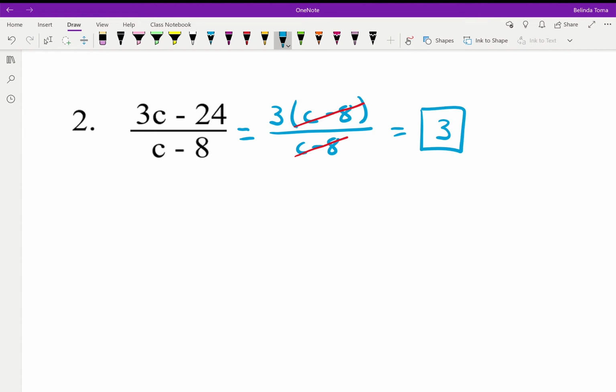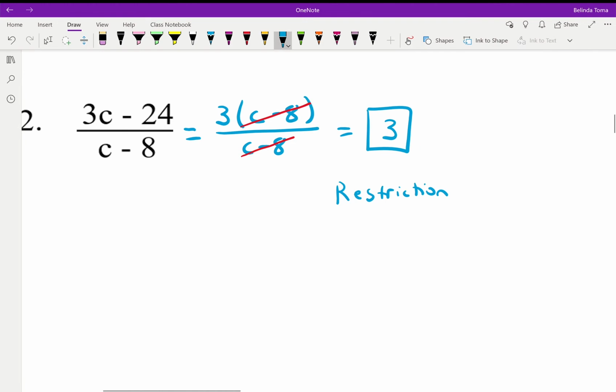However, in this example, we did have a variable in the denominator, so we will also have a restriction. In this case, the restriction is based on what we learned when we did literal equations in the first semester.